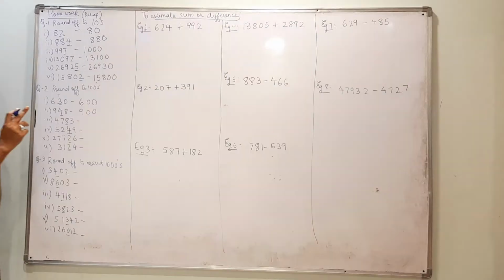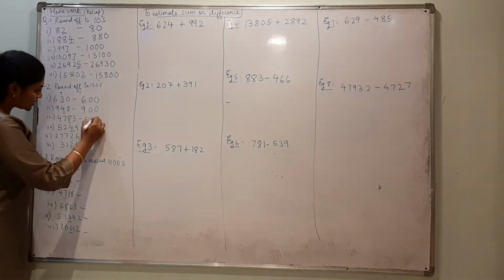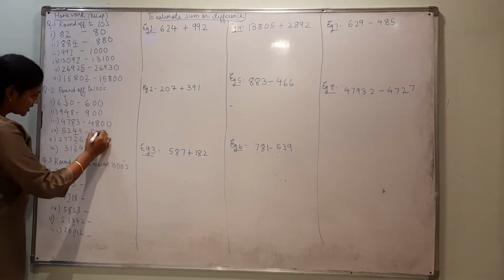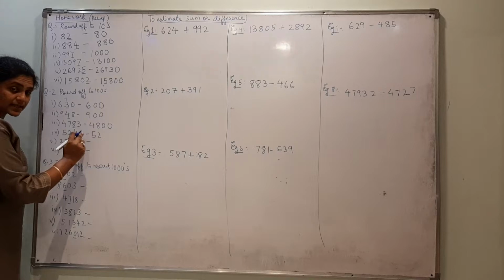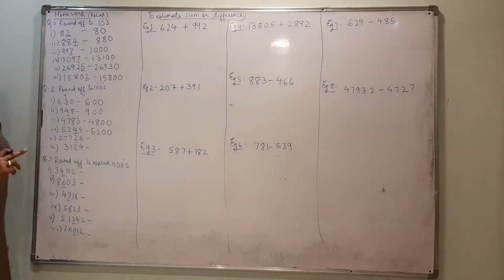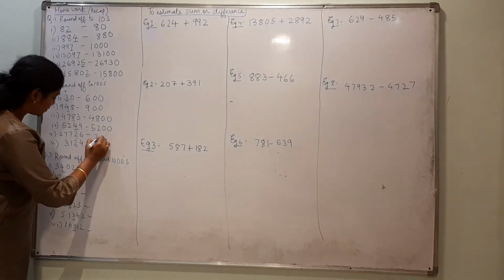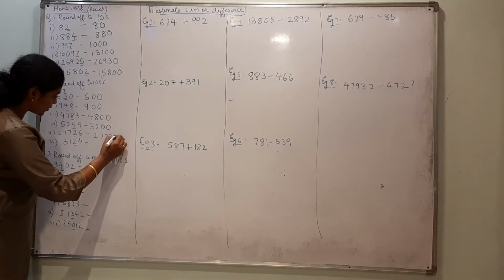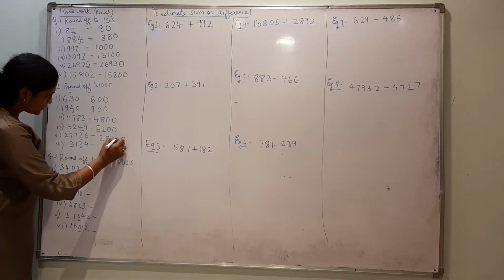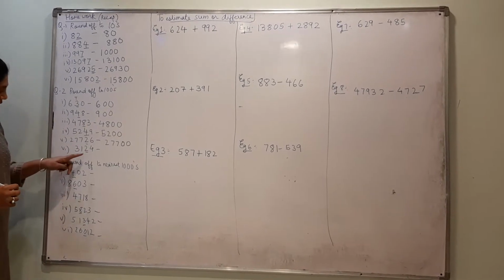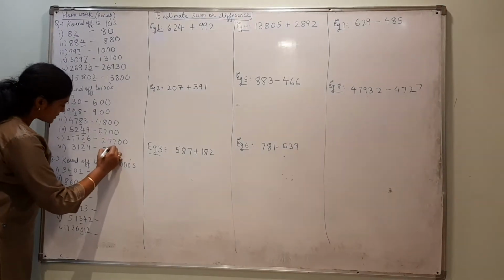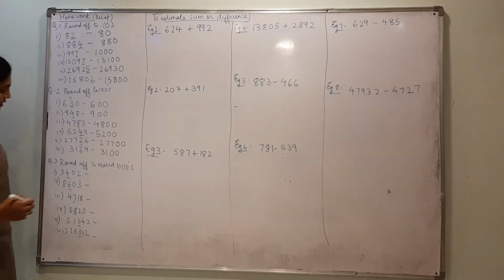Yes, more than 5 you will add 1 to it, that will be 4800. 5, this is again less than 5, this will be 00. 2 less than 5, this will be 27700. Sorry, this will be 0. Then less than 5, this is again 3100.